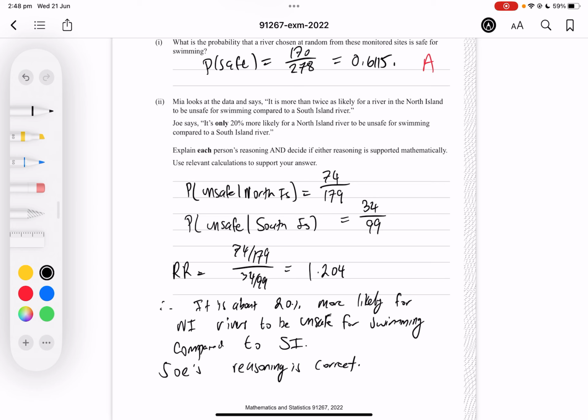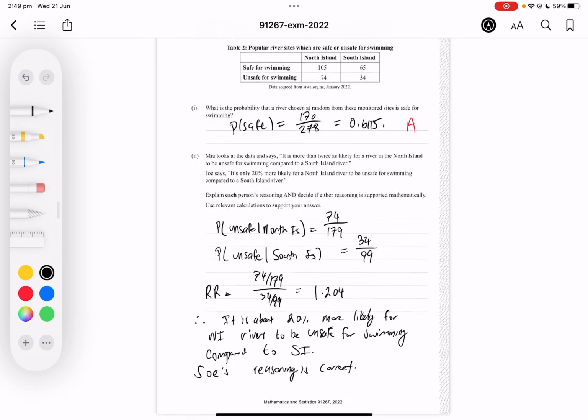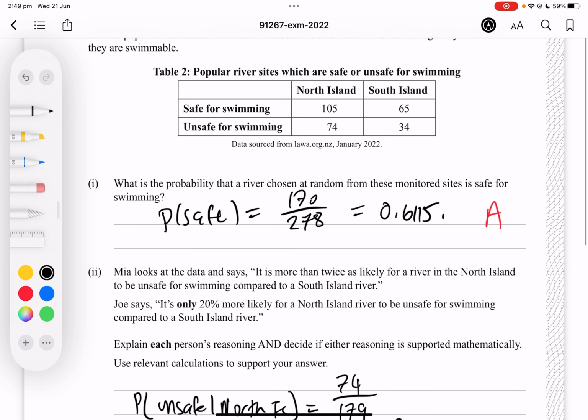In terms of Mia's reasoning, I think the problem is she is looking at 74 and 34. So in this case, 74 over 34, that's approximately 2 point something. But that's not correct, since you can't just do 74 over 34 because you don't know the total sample sizes of the number of North Island rivers in the sample and South Island rivers in the sample.